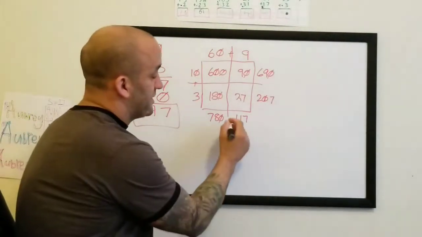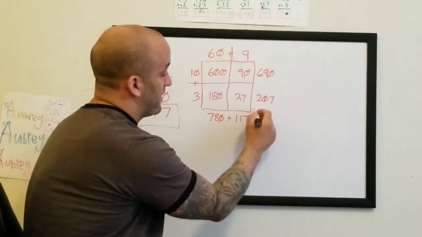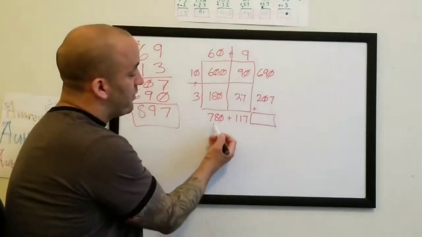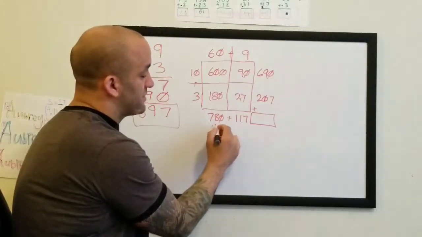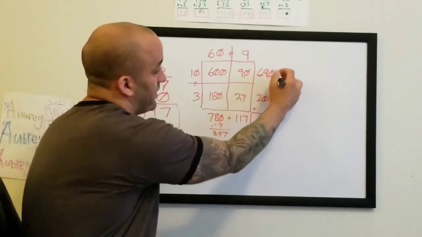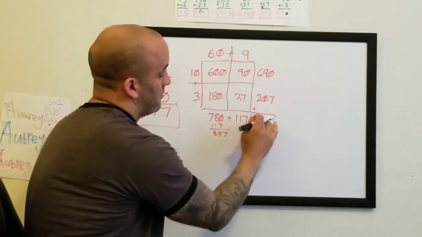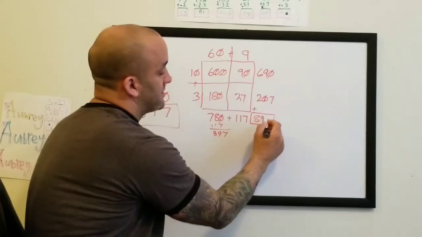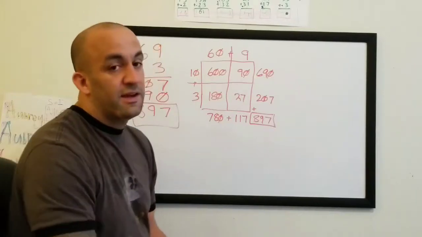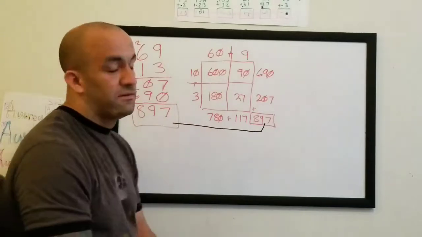No matter how you want to look at it, 780 plus 117 is 897, and 690 plus 207 is also 897. So this is equal to that.